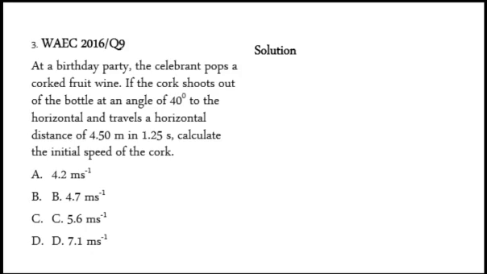And range is equal to horizontal component of speed times time, ux times time. Ux is u cos theta, so we have range 4.5 equals u, we don't know the value of u, cos 40 degrees times 1.25. This is the time of flight.